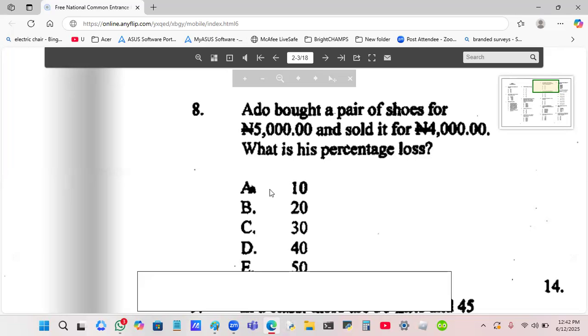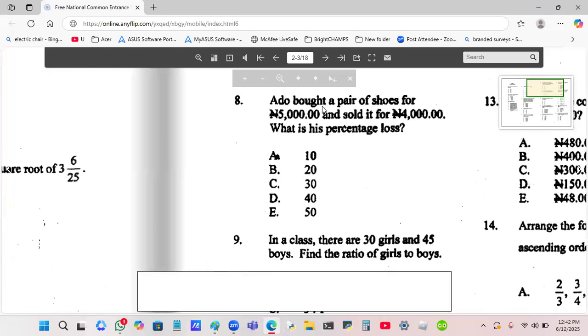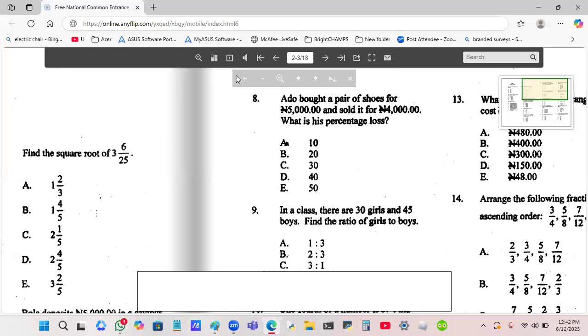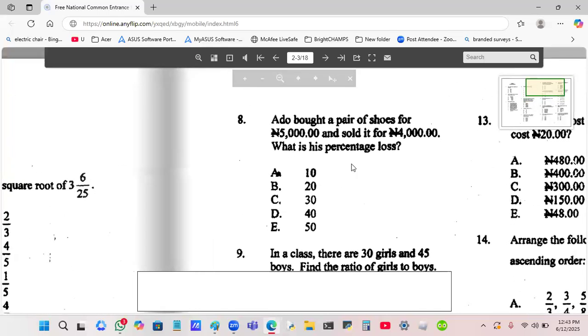Is it number 8 that we're doing? Yes, we just finished number 7. Go ahead to number 8. Aren't you paying attention? I can see it now.